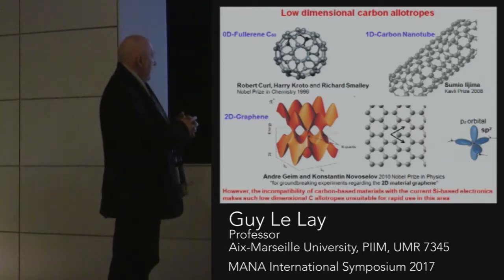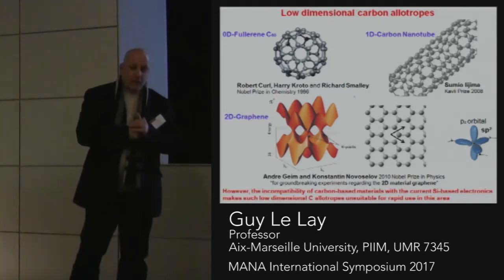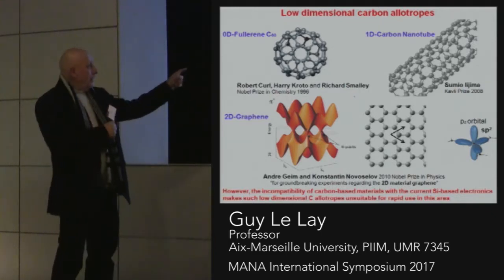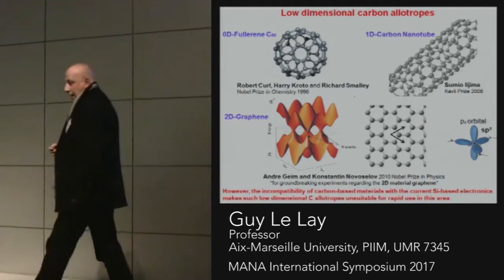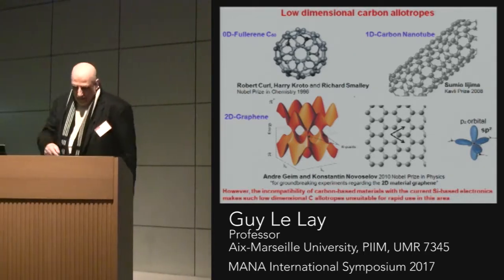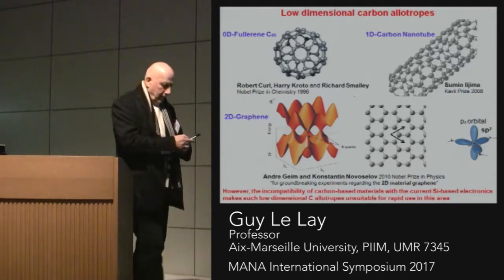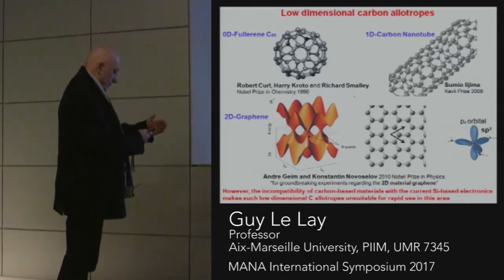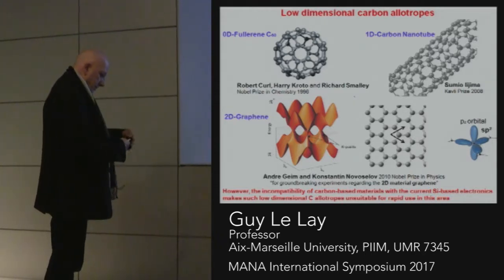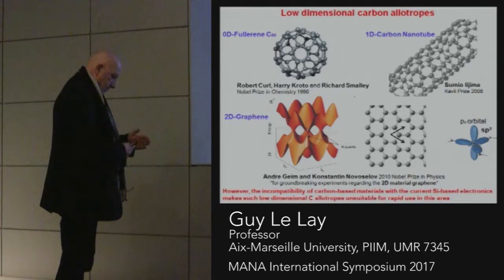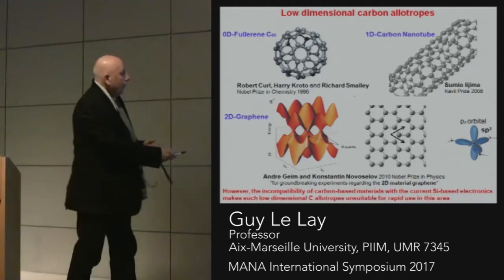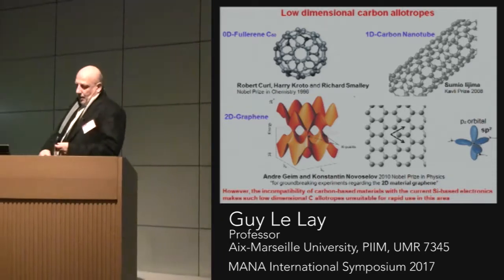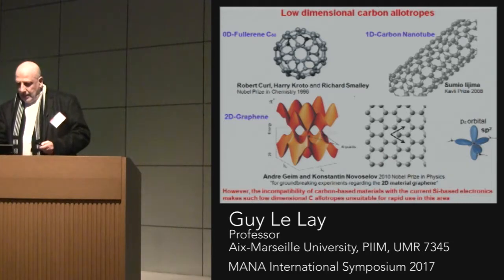The good thing, as you know, with graphene physics is the Dirac cone at the K point of the Brillouin zone. Those Dirac points here.